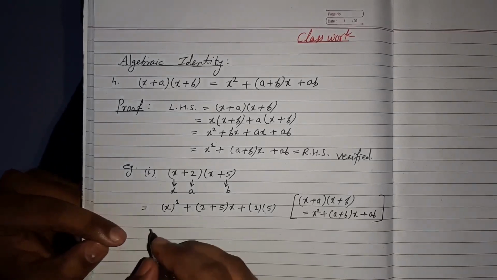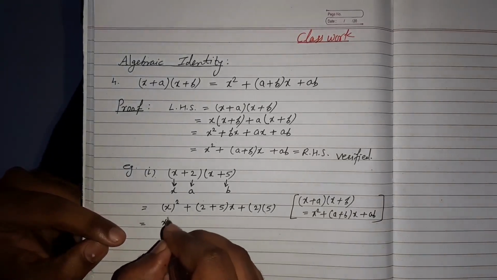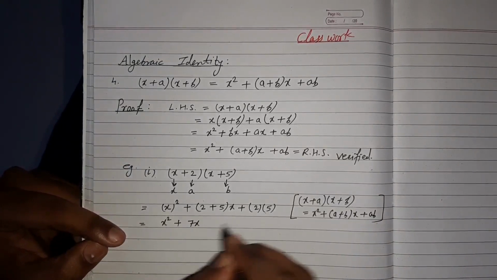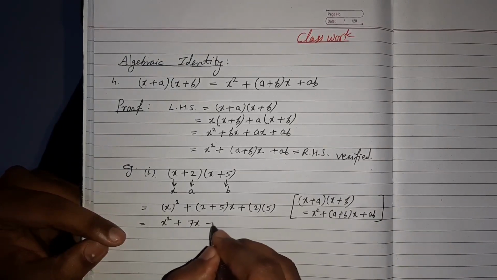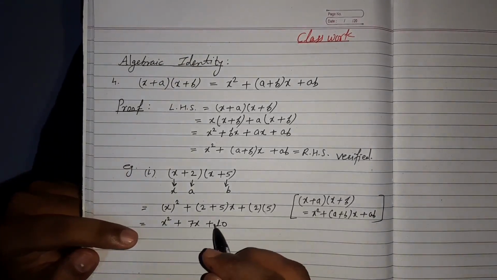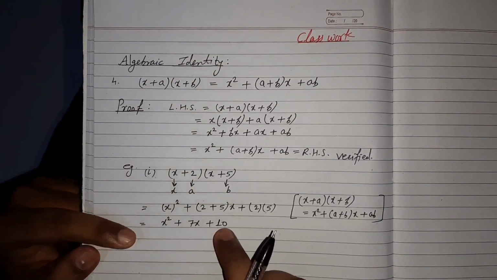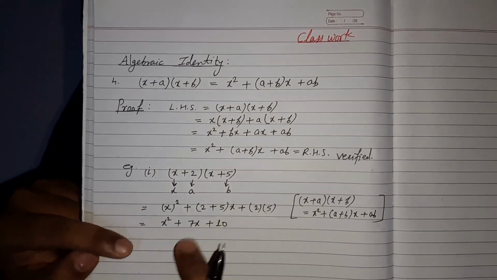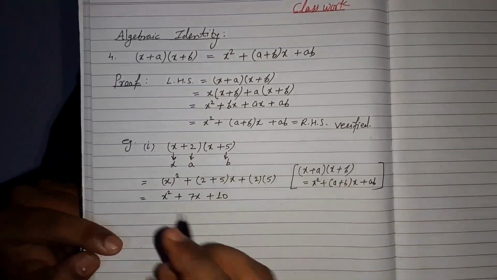Now we will simplify. It will be x² plus 2 plus 5, 7, so 7x, and 2 fives are 10. So x² + 7x + 10 is the simplest form and it is the expansion of the product form. One more example we will take.